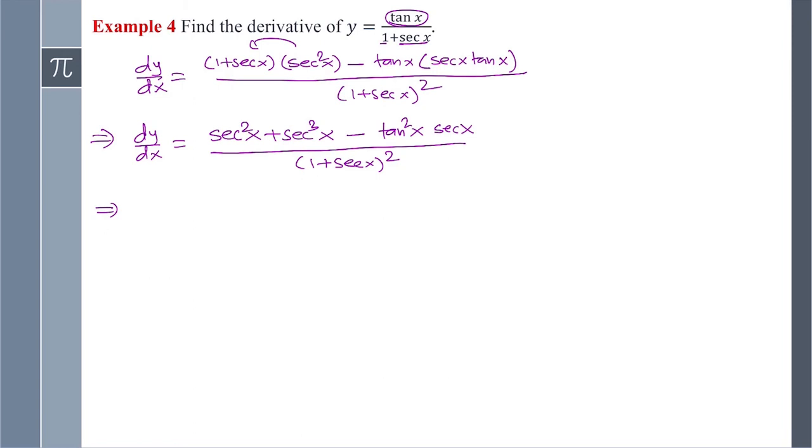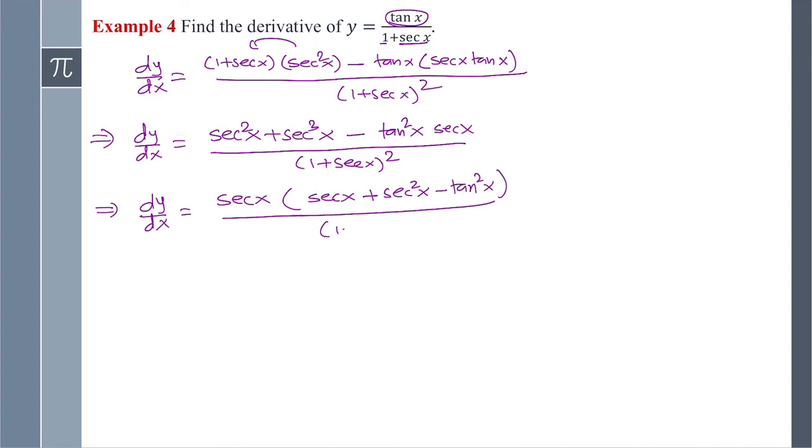Now, in the numerator we have secant x in all the terms, so let's factor that out. dy over dx equals secant x times secant x plus secant squared x minus tangent squared x, divided by 1 plus secant x squared.